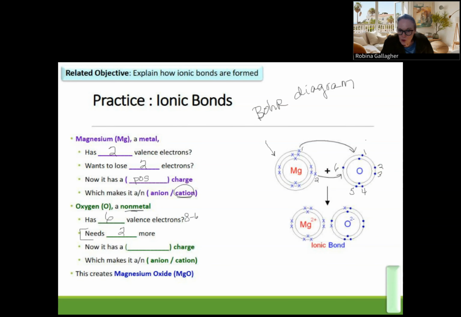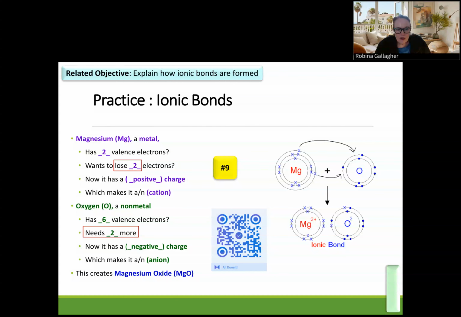Once it gets 2 more electrons, it's going to have a negative charge and become an anion. So then we're going to have an ionic bond between magnesium, notice the +2 charge, and oxygen that has a -2 charge. They cancel each other's charges out and are exactly what each other needs.